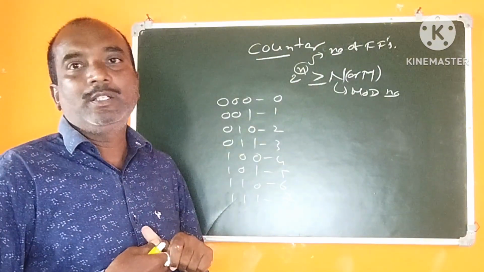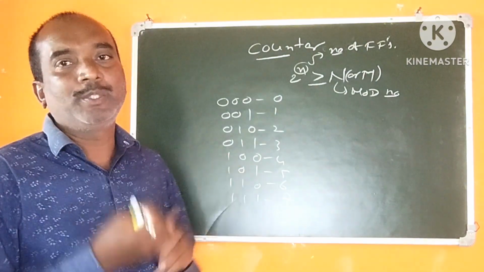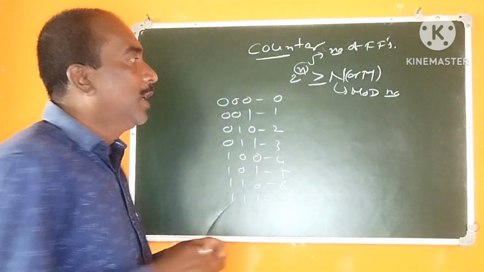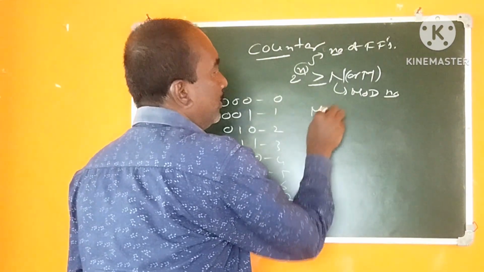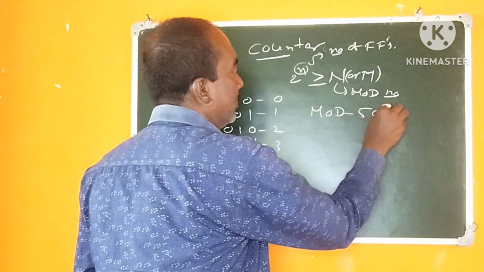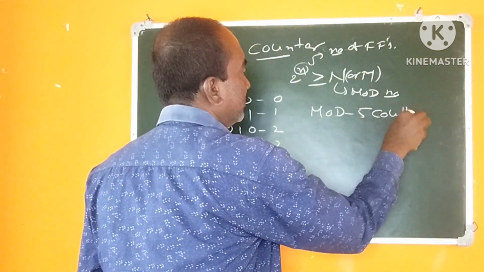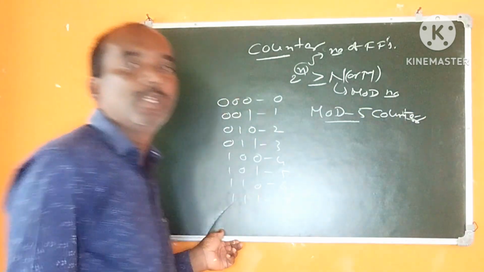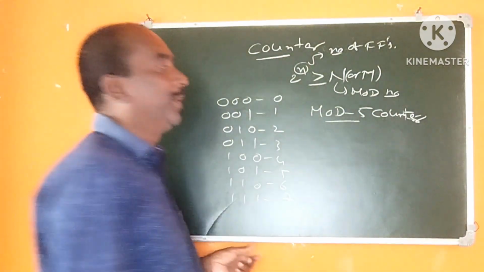So let me explain the counter with an example. Suppose you want to design a mode 5 counter by using a T flip-flop.